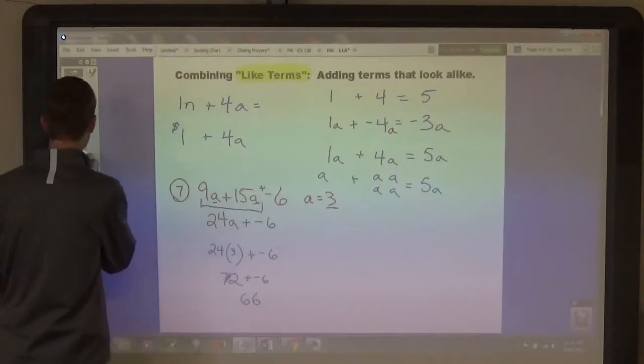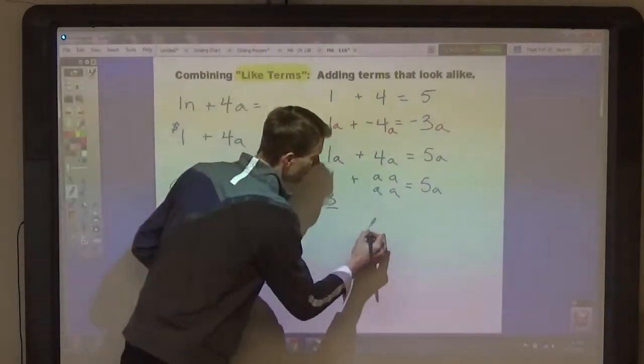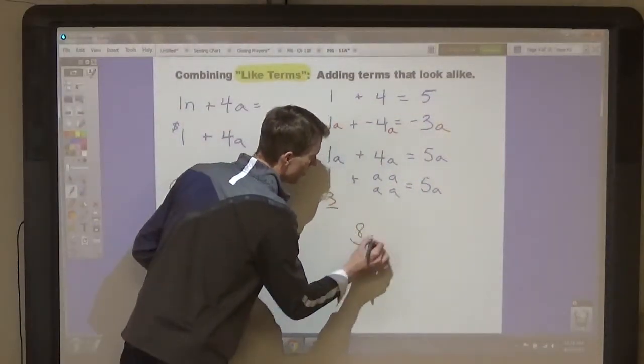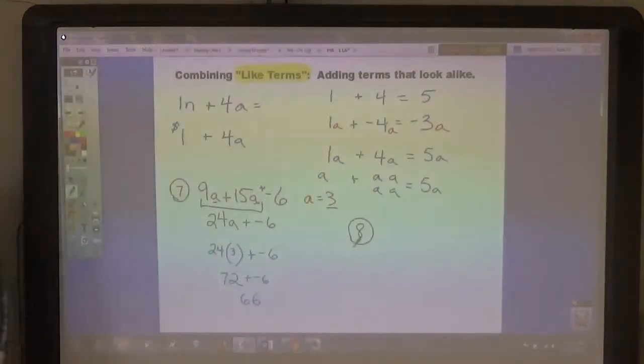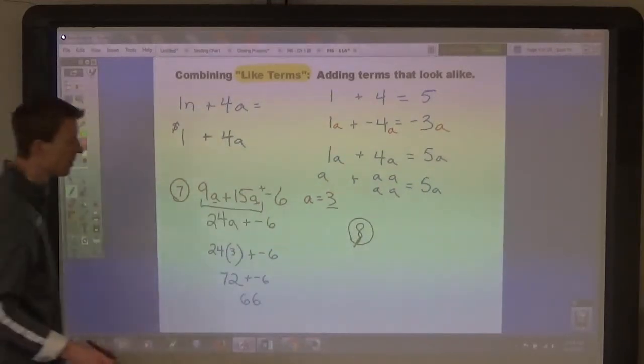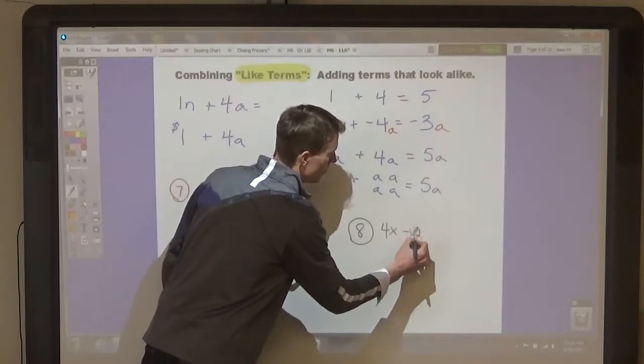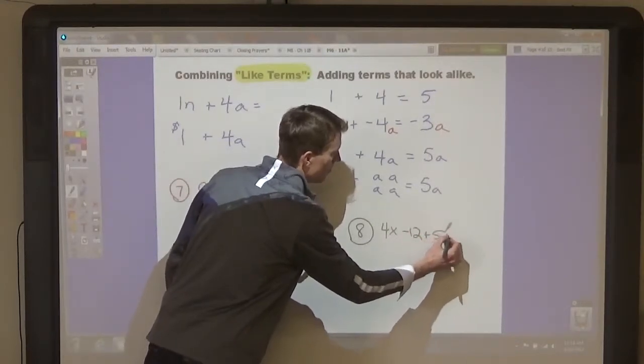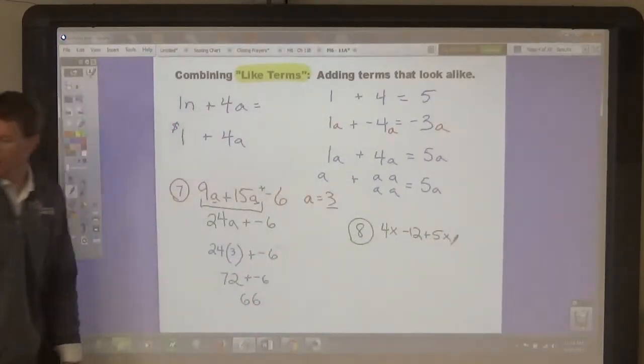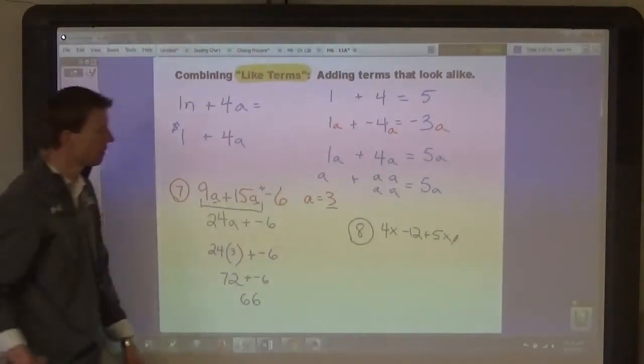Let's do number 8 together. Do another example together. Number 8: 4x minus 12 plus 5x, and it says x equals 6.